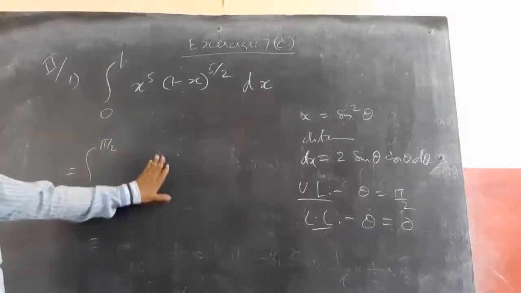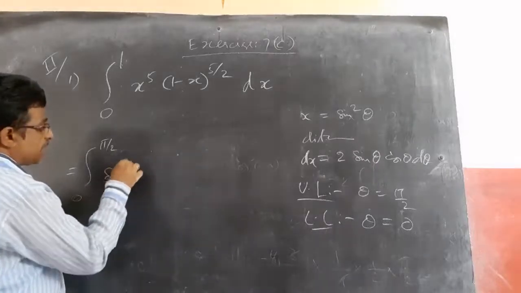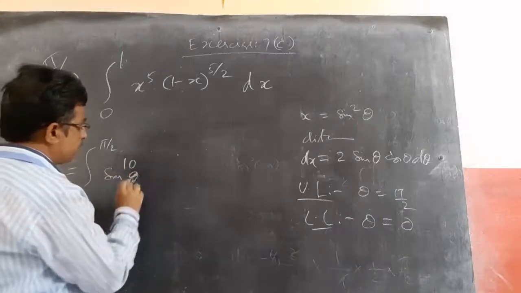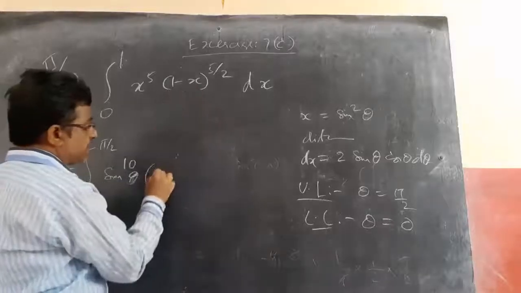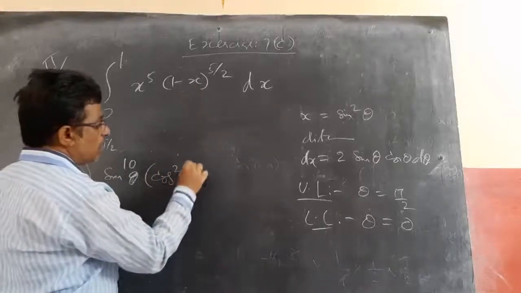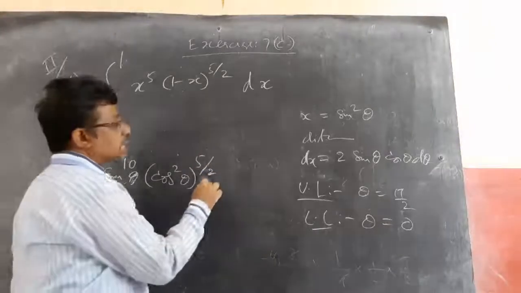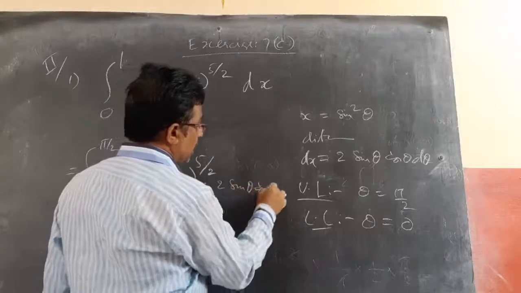X power 5 means sin square theta whole power 5 becomes sin power 10 theta, into 1 minus sin square theta, which becomes cos square theta whole power 5 by 2, into dx. Dx is nothing but 2 sin theta cos theta d theta.